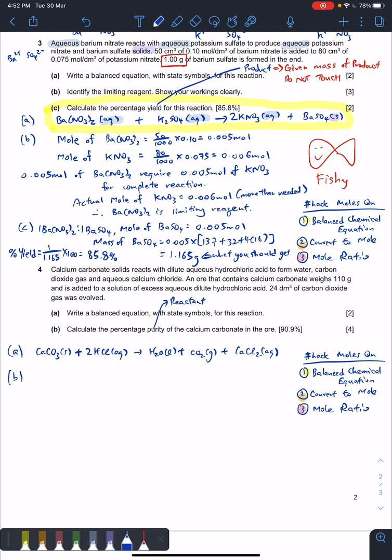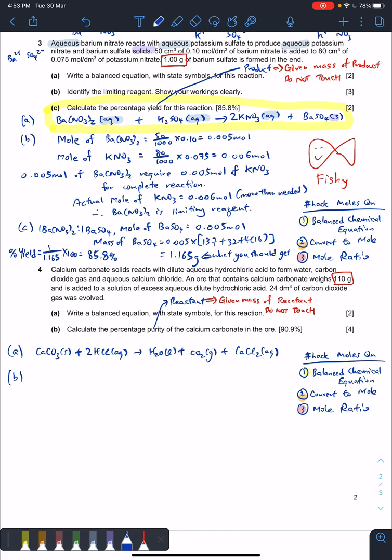Reactant means given mass of reactant, do not convert, do not touch. Then you look at the question A. So that is referring to your 110 gram. Okay, let's not touch it.